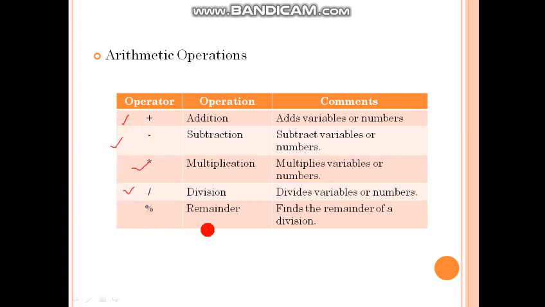It finds the remainder after the division. These are the 5 operators: addition, subtraction, multiplication, division and the remainder. The first 4 are the most common. The extra one is the remainder. These operators are used in embedded C programming.